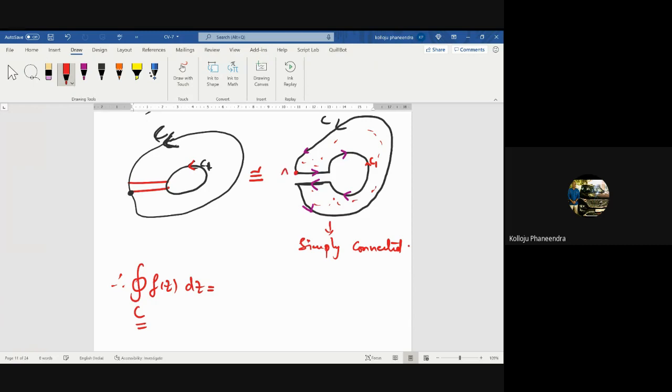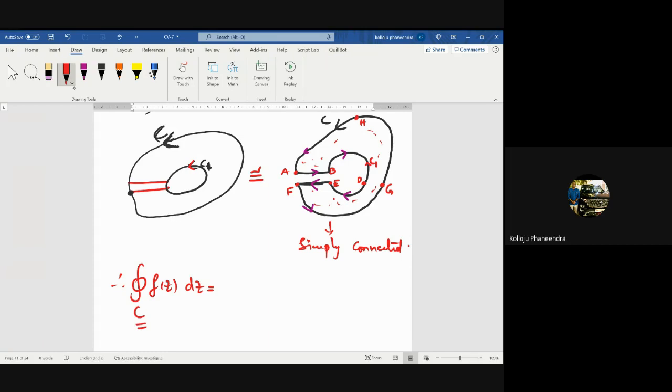I'm taking this point as A, this point as B, and let me consider one more point here, some D. This is E, and this point F. And some point G, another point H, like this, right? Now I have to trace this closed curve C completely.